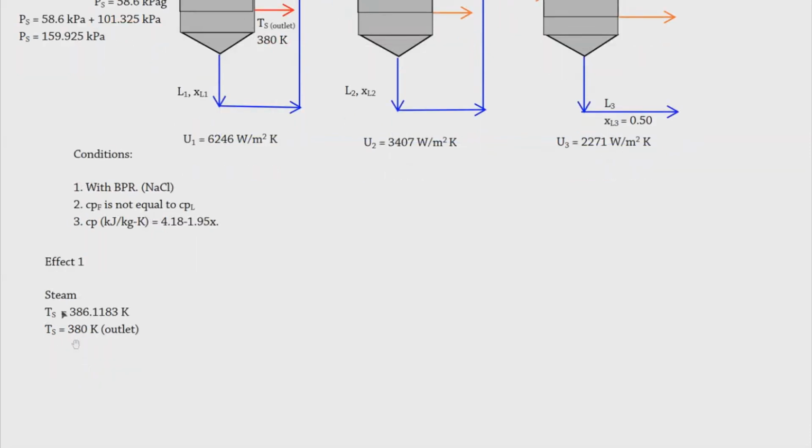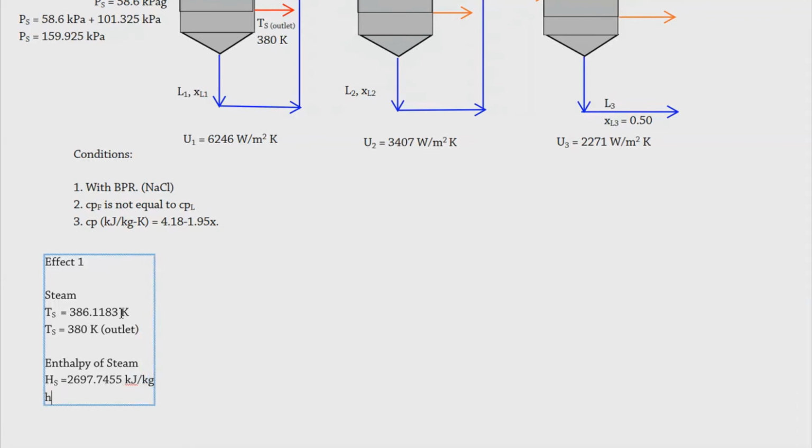Okay, so again, meron tayong steam, so we need to find the enthalpy for steam. So our enthalpy, balik lang kayo sa thermodynamic properties, check nyo tong inlet na to, 386. So makakuha kayo ng enthalpy that is 2697.7455. That's in kilojoule per kilogram. Pwede rin ang unit nyo is joule per gram.